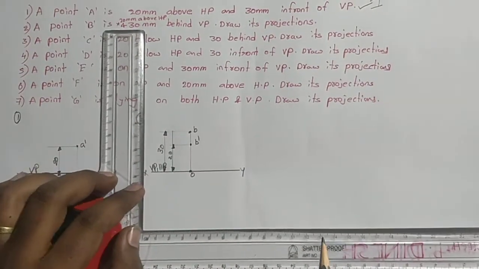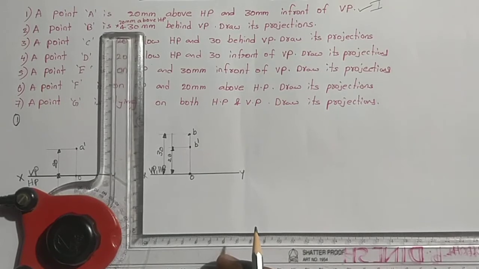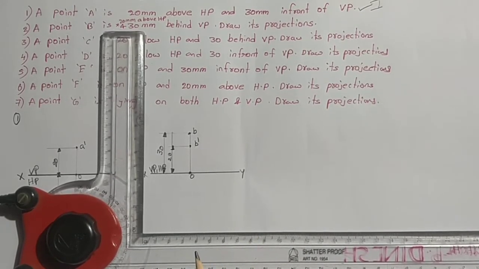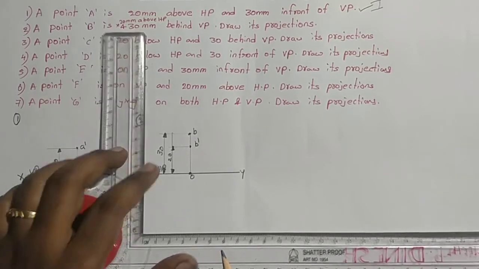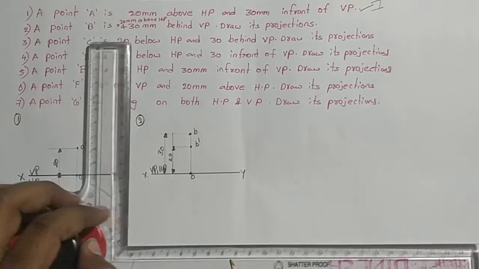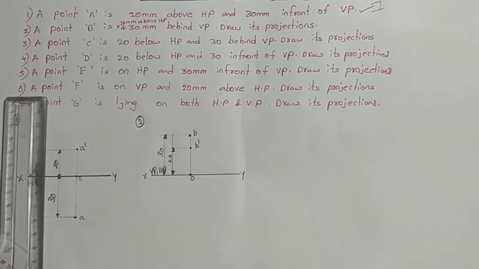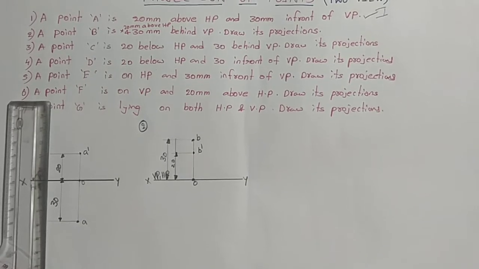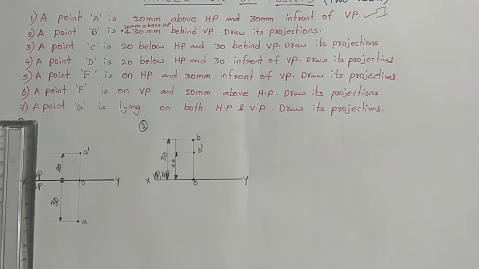Behind VP, when we rotate the horizontal plane 90 degrees clockwise, it will lie on the VP, so the top view is also above the XY in the second quadrant. In the second quadrant, both front view and top view come above the XY. Next, coming to the third quadrant.